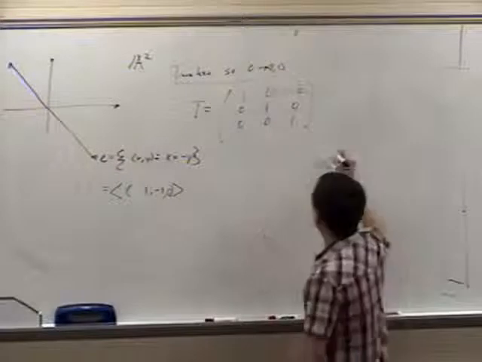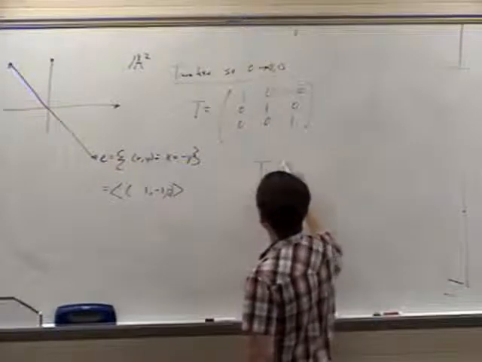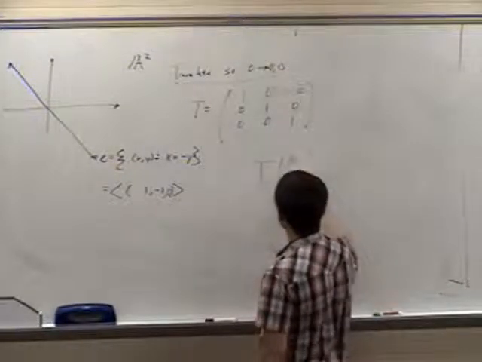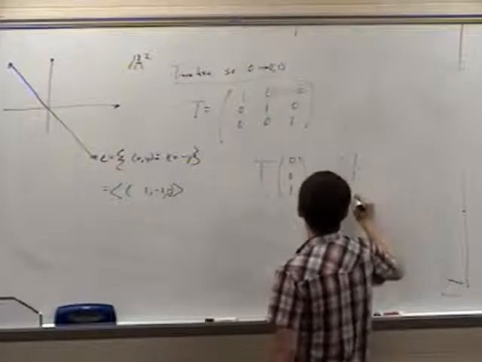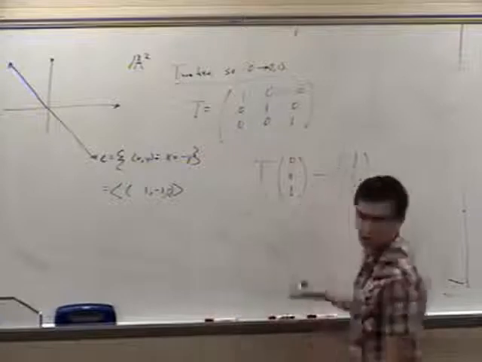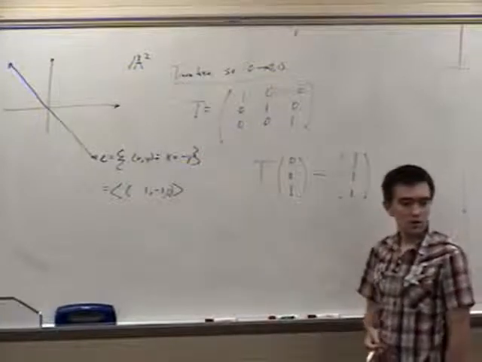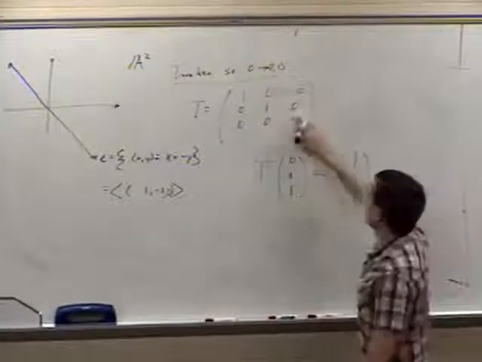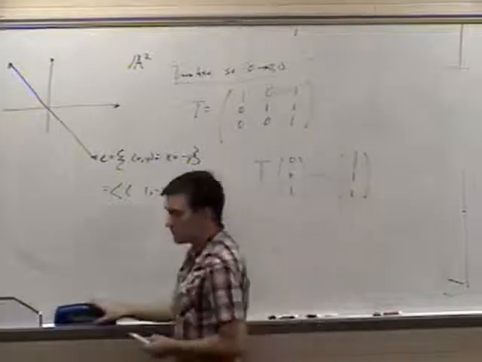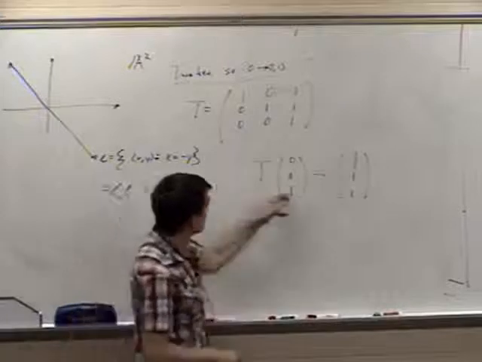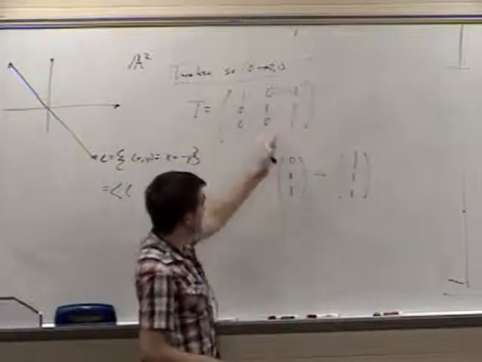If we take T and multiply it by this point 0, 0, 1, we'd like to get out 1, 1, 1. We'll just make these 1, 1. That's right, because if we plug in 0, 0, 1, rows by columns, we're going to get 1, 1 out.